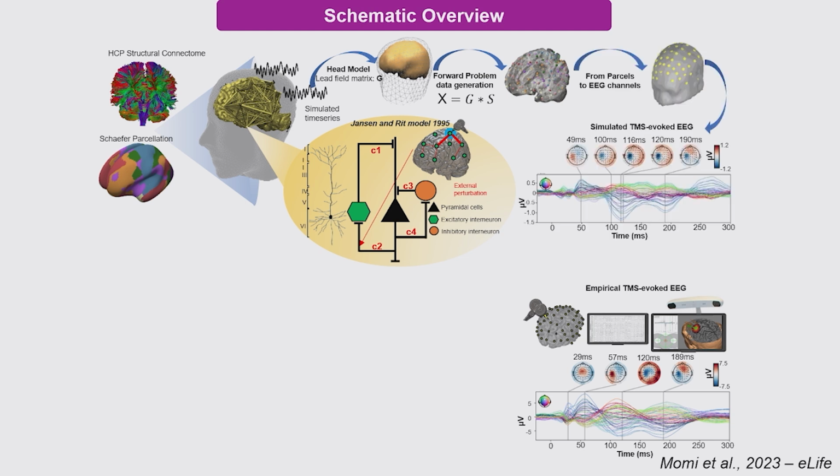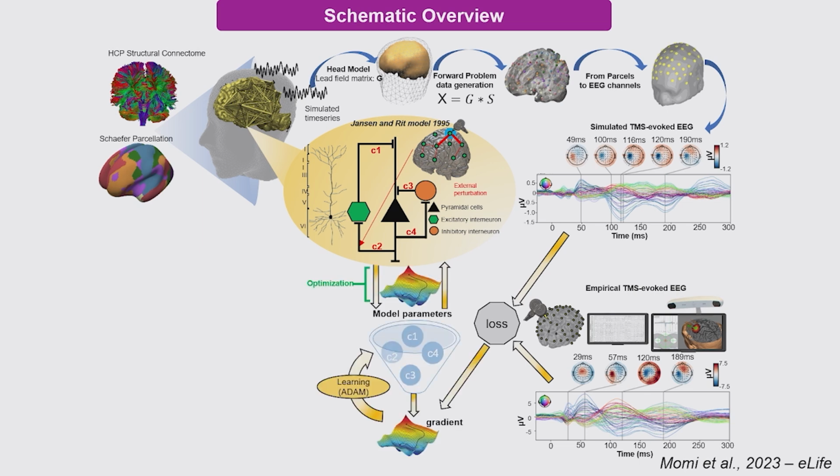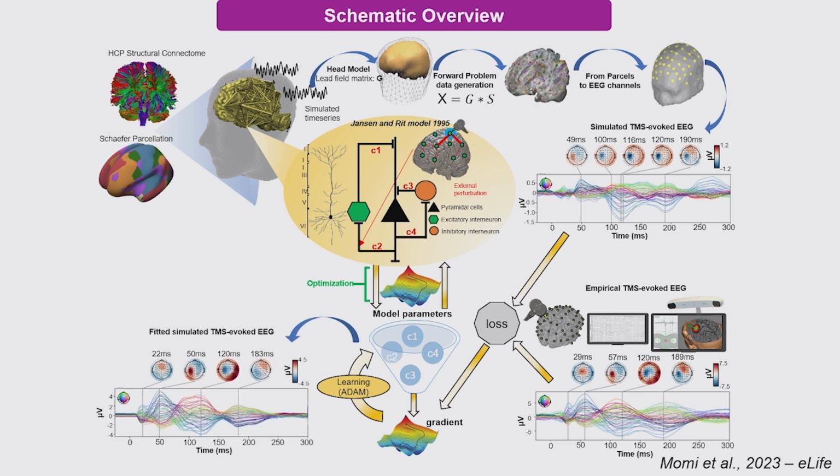As you can see, at the very beginning there was not a good fit between the simulated EEG and the ground truth, the empirical, here at the bottom right. So we cast the equations in a PyTorch environment, using deep learning and machine learning for updating the parameters of the model, and after the fitting we come out with a good fit between the simulation and the empirical data.